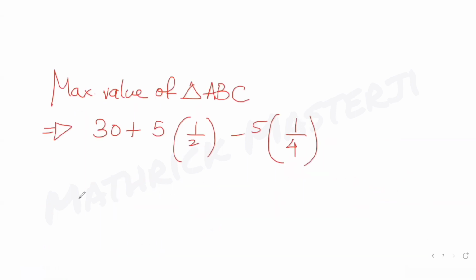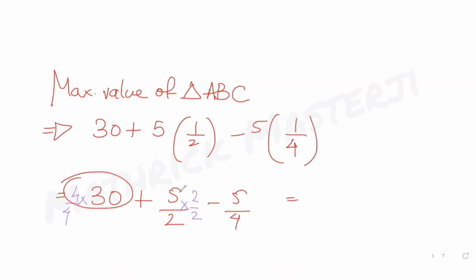So that is 1/4. So you get 30 plus 5 by 2 minus 5 by 4. If I make the denominator of every term 4, I need to multiply 30 by 4 and 5 by 2 by 2. So I get the entire expression as 120 plus 10 minus 5.